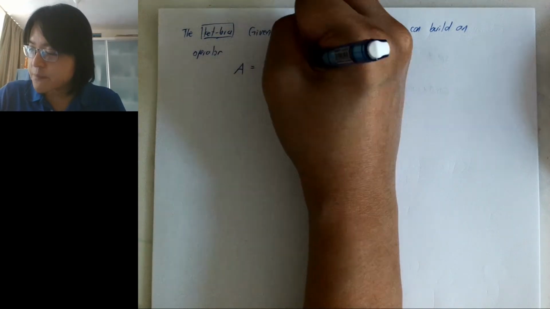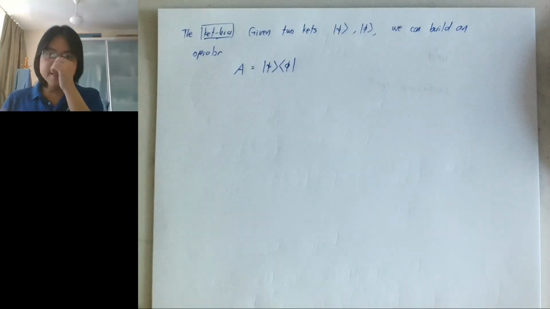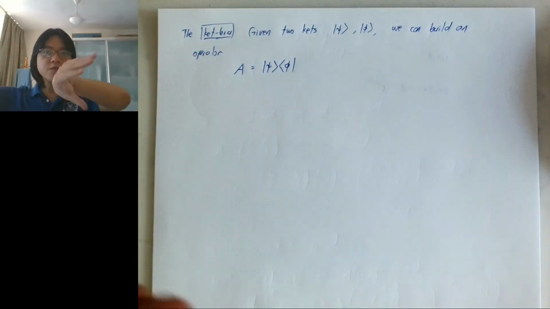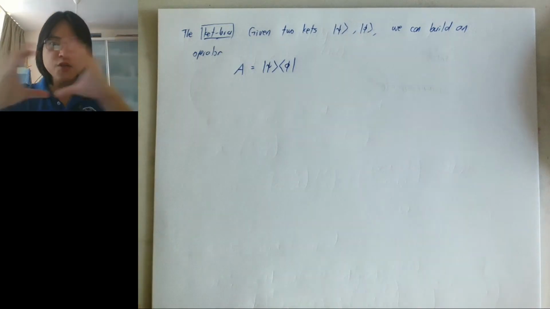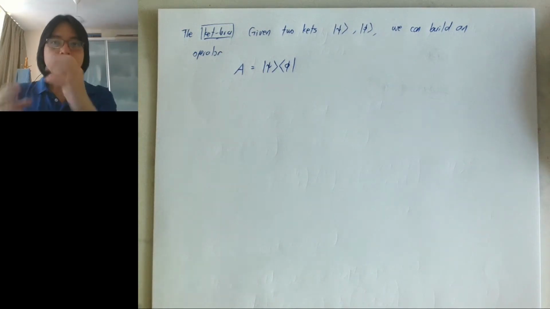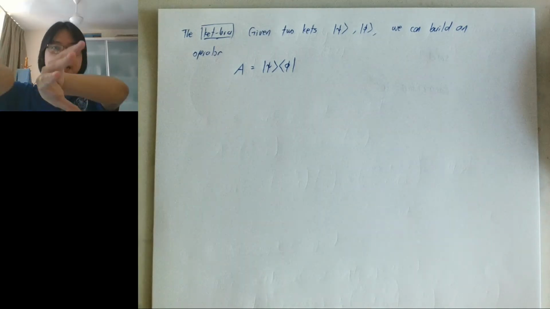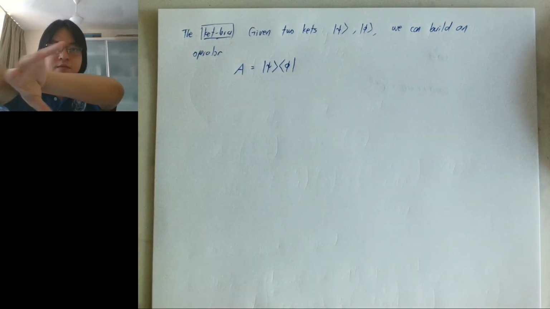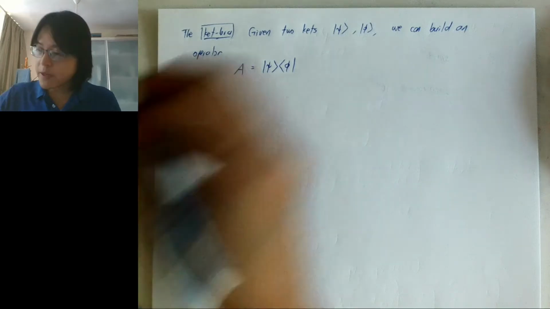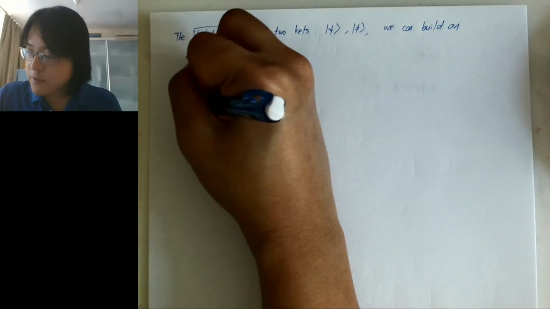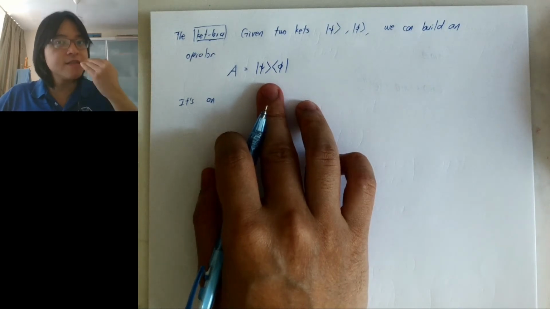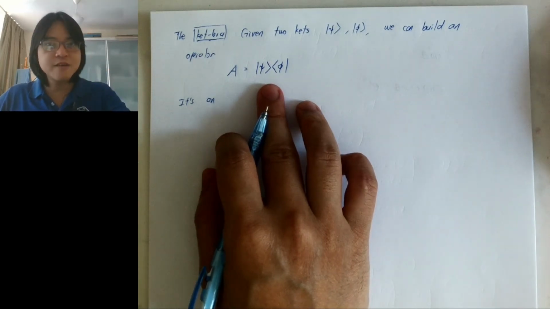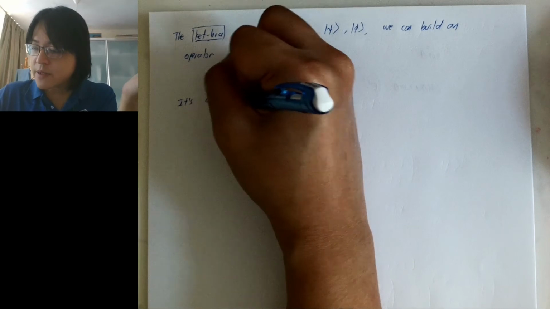You do a ket-bra instead of a bra-ket. The bra-ket, when you join them, becomes a number. But if you do it the other way around, the ket-bra, it becomes an operator itself. Why is it an operator? It's an operator because it eats a vector and spits out a new vector.